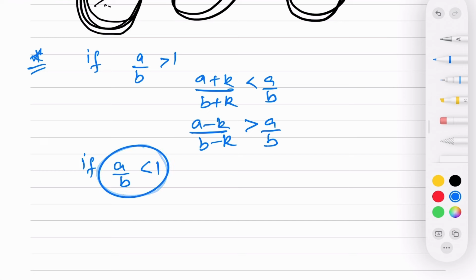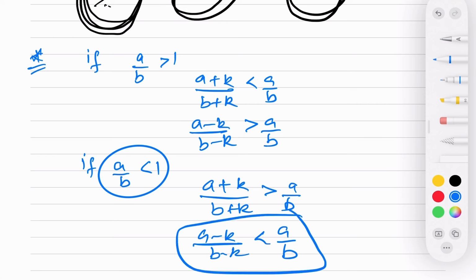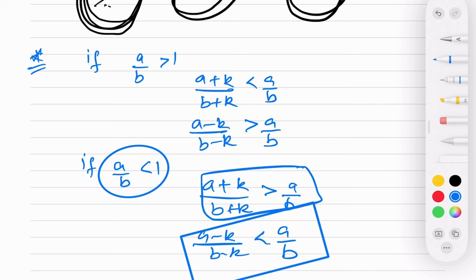In that case the opposite happens: (a+k)/(b+k) becomes greater than a/b, and (a-k)/(b-k) becomes less than a/b. Are you understanding these properties?